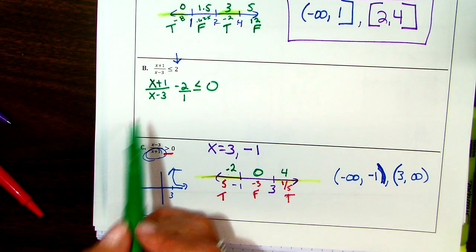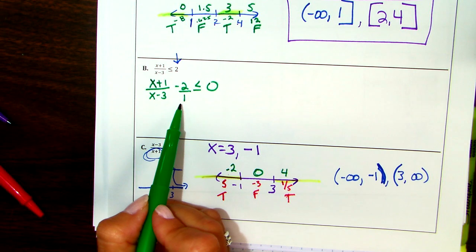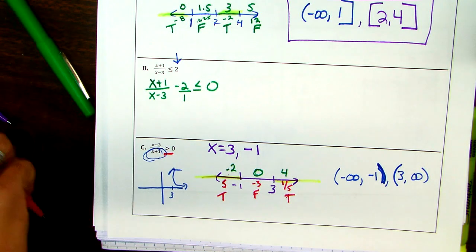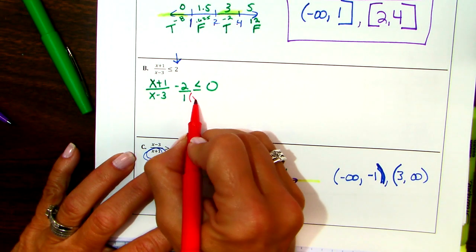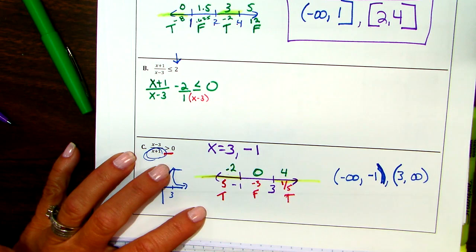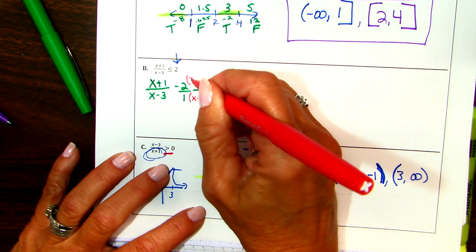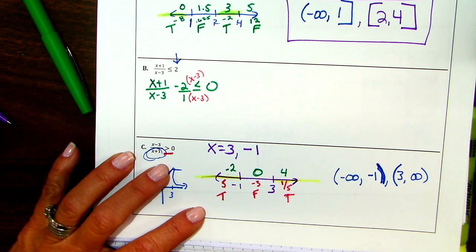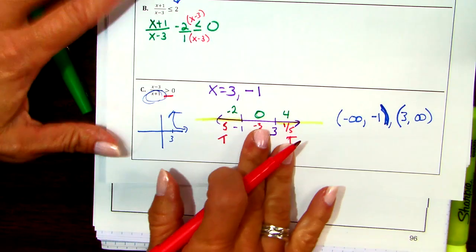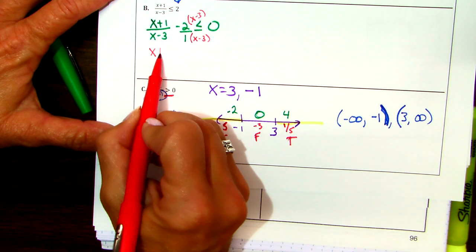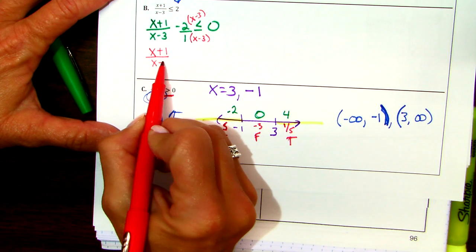We want them both to have x minus 3. It's easy to change a 1 to an x minus 3. So I'm going to be multiplying this denominator by x minus 3. And I'm allowed to do that as long as I do the same thing to the numerator. Okay? So I would have x plus 1 over x minus 3.